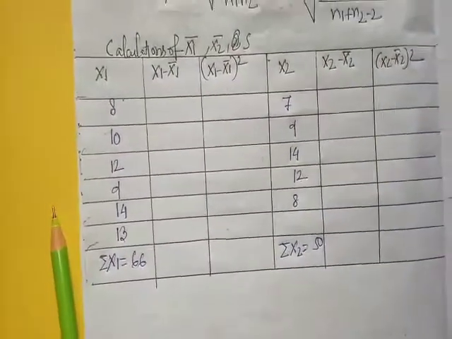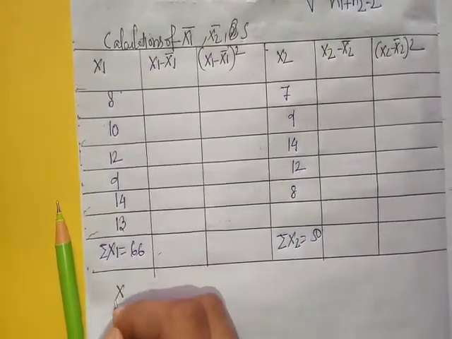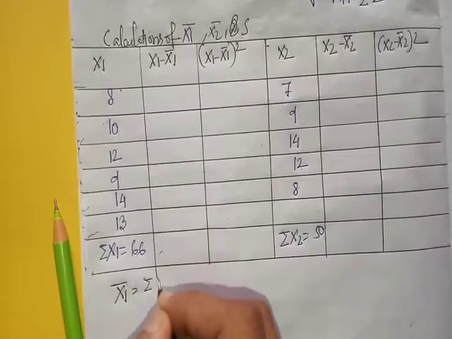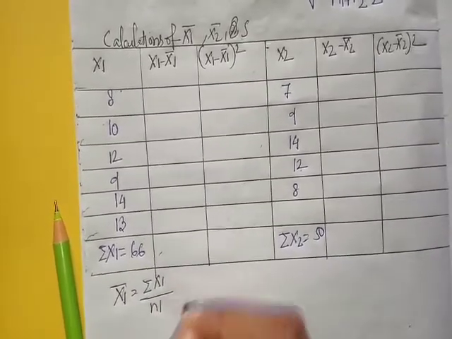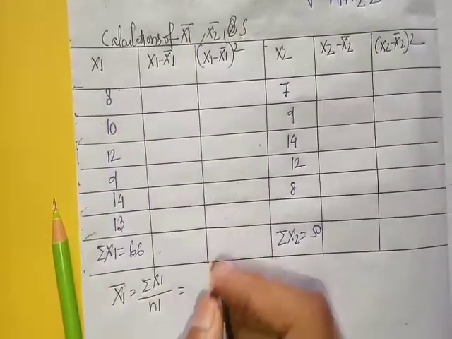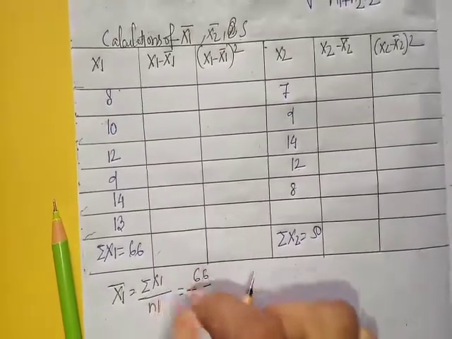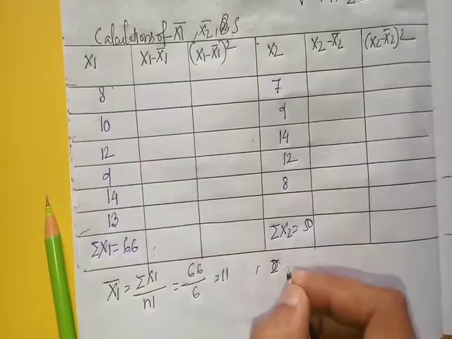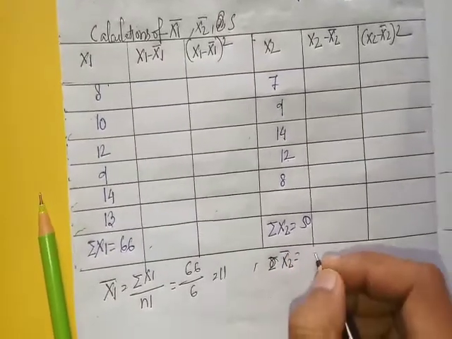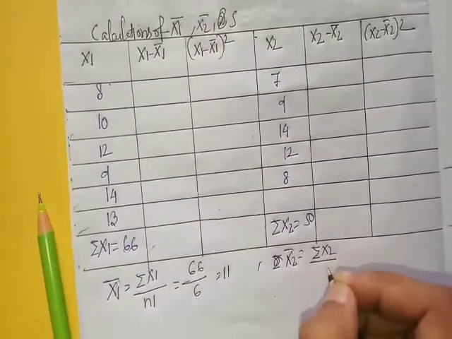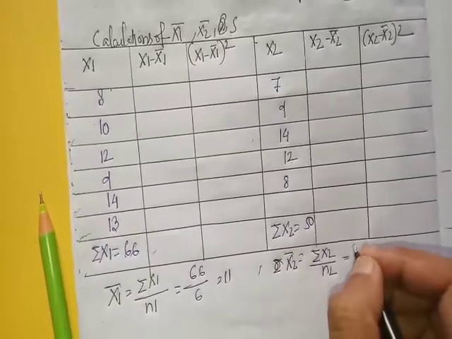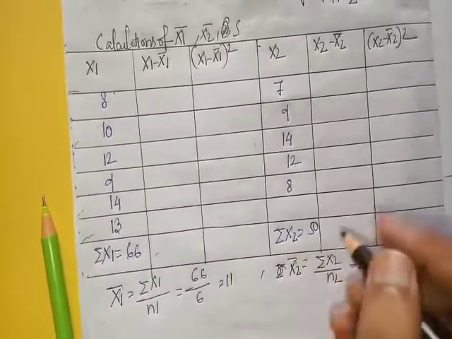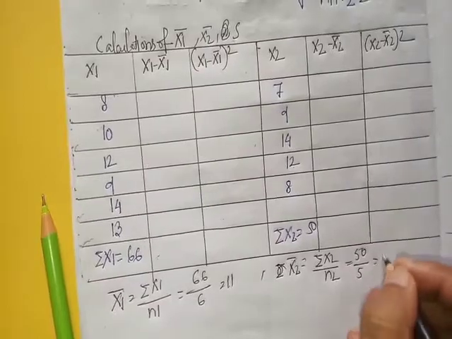Next, x1 bar means summation x1 by n1. Here n1, the first sample size, is 6. So 66 by 6 is 11. And x2 bar is summation x2 by n2. Summation x2 is 50 and n2, the second sample size, is 5, so this is 10.